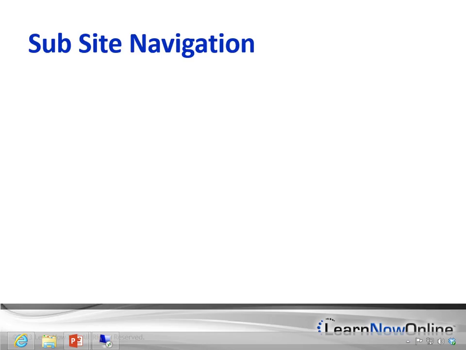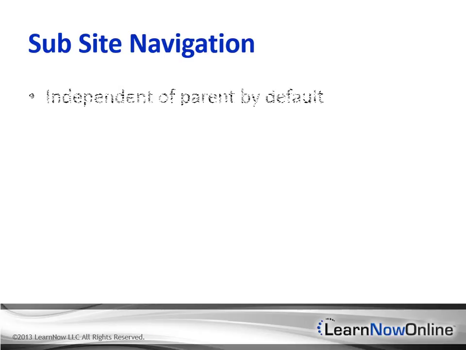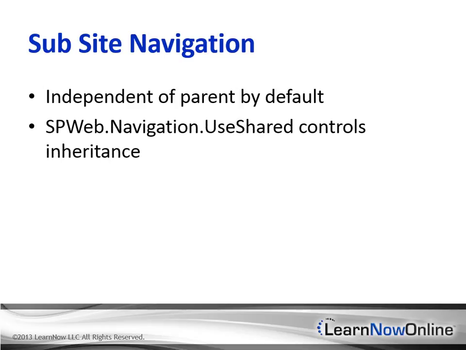Okay, when you create a subsite programmatically, the default configuration is going to give the subsite unique navigation that is independent of the subsite's parent site. A lot of times you want to have your subsites have the same top link bar as the parents, so you can have that consistent primary navigation across the site collection.